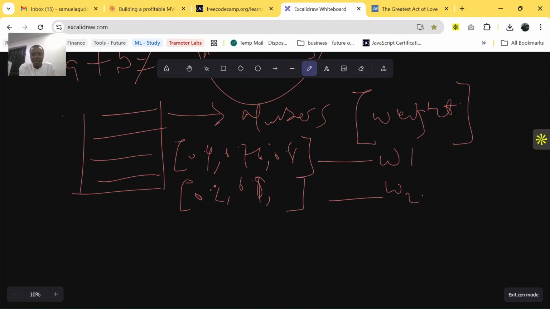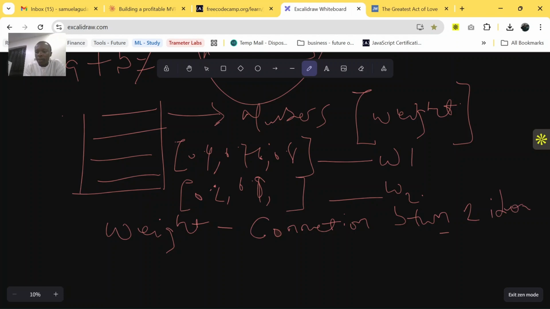A weight is the connection between two ideas, how strongly connected or how loosely connected they are. And this connection can either be a strong connection or a weak connection.